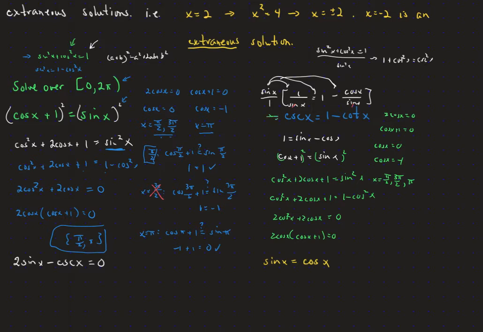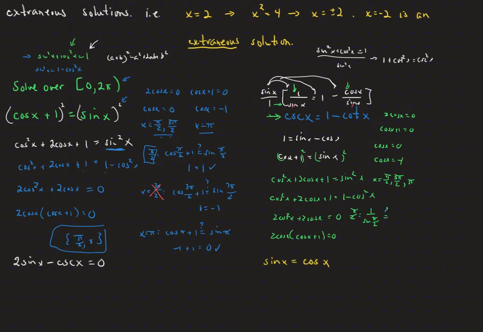And to plug them into our original, we're really going to look at our version of that has the sines and cosines. So for pi over 2, if we plug in the pi over 2, we're going to get 1 over the sine of pi over 2.